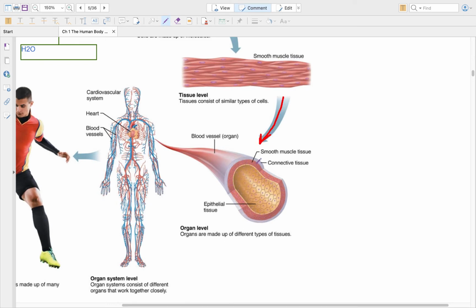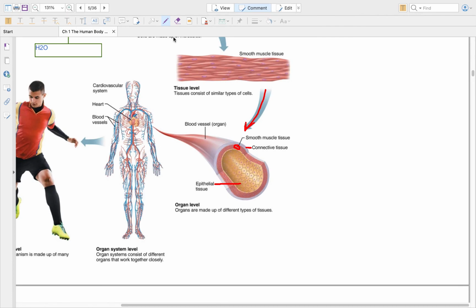Notice that the smooth muscle is right there in the middle. Notice also what's around it. On the outside, there's connective tissue, and on the inside, there's a lining of tissue called epithelial tissue. But that's really beside the point.